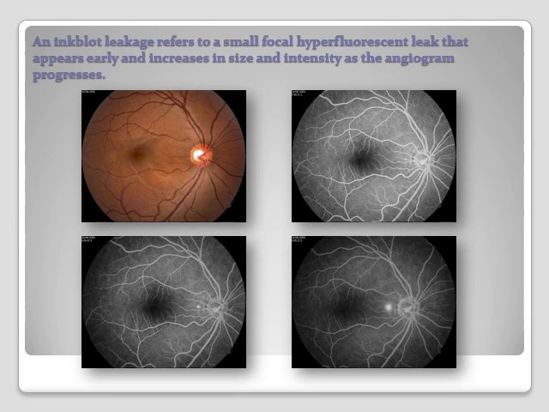The more common angiographic finding is the ink blot appearance, where we have a pinpoint of leakage in the early arteriovenous phase. Then this pinpoint of leakage increases gradually, like a point of ink on paper.